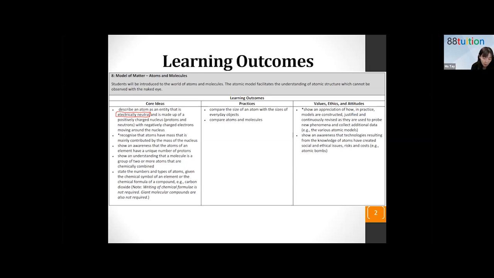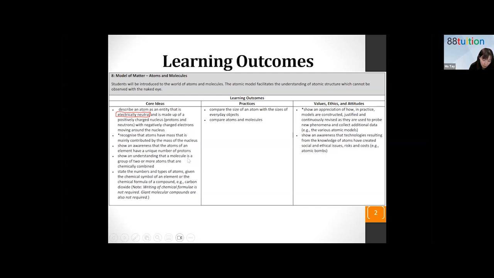It's made up of a positively charged nucleus with protons and neutrons inside, and then the negatively charged electrons are moving around the nucleus in their electron shells. Recognize that atoms have mass that is mainly contributed by the mass of the nucleus. Then show awareness that atoms of an element have a unique number of protons. How to identify the number of protons, I'll be teaching you soon.